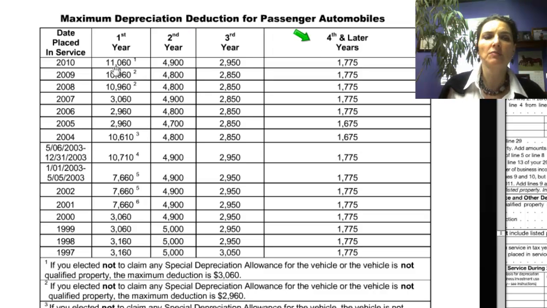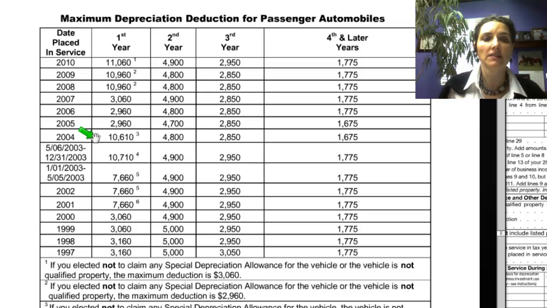And you can see that these numbers are pretty flat. For whatever reason, they do seem to vary by maybe $100 one year to the next, with no particular reason for going up or down by $100. In 2009, the limit was $10,960, and it was the same in 2008. Then in 2007, we see this $3,060 limit. Well, that's the same as it would be in 2010 if you don't claim bonus. 2006, it was $2,960. 2005, it was $2,960.